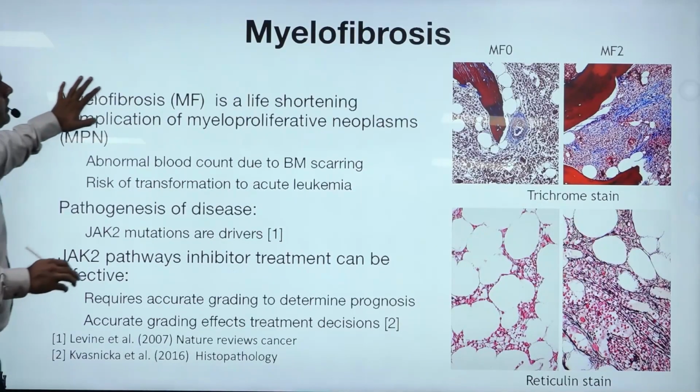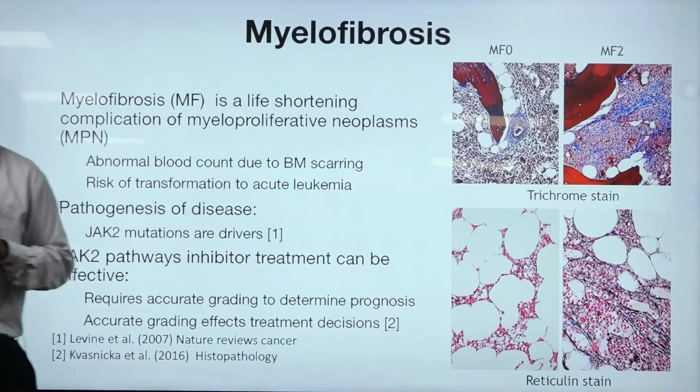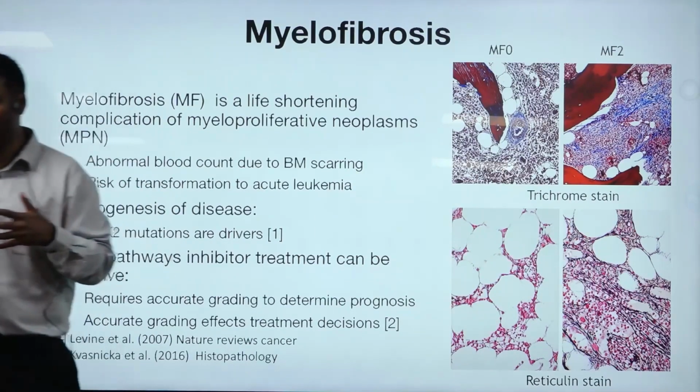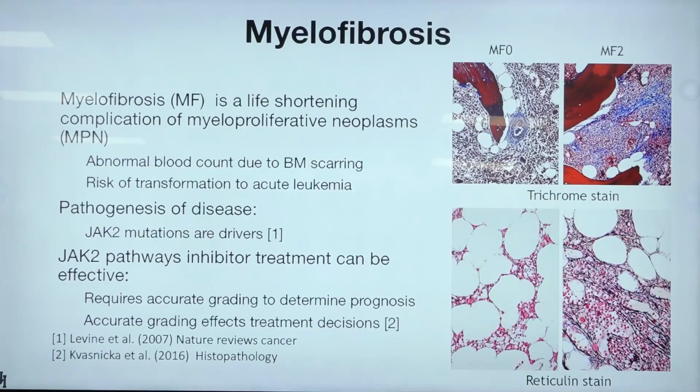For example, one of the diseases that we are studying is called myelofibrosis. It's a life-shortening complication. Basically, it's like a blood cancer, or something which leads to blood cancer. It's a problem in the bone marrow where there are what are called reticulin fibers growing.